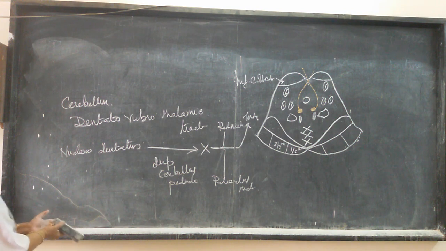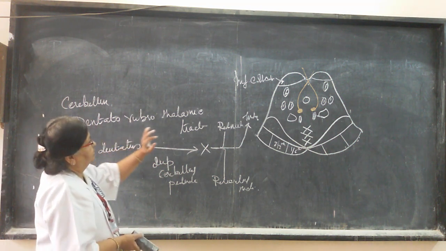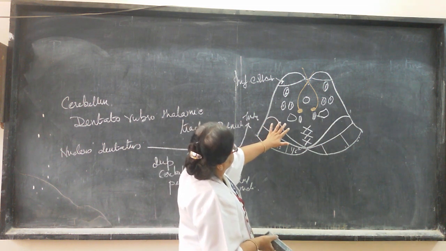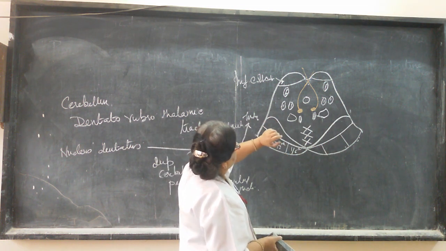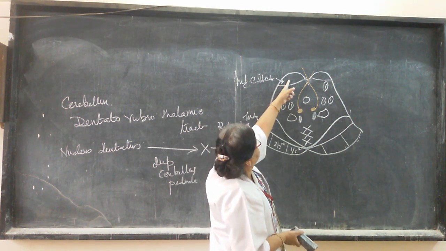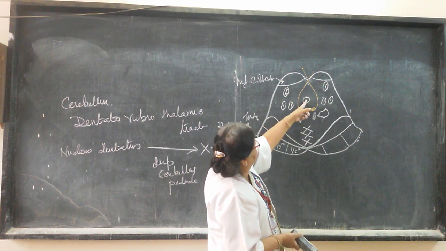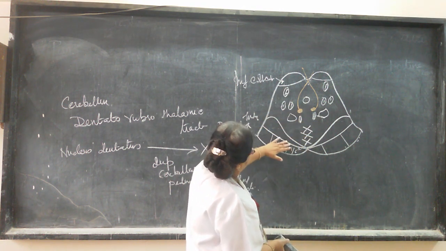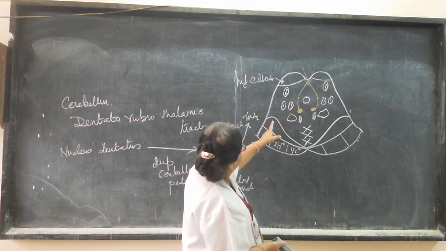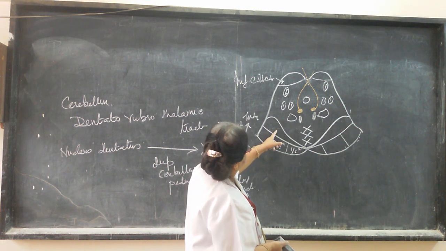Now, the midbrain at the level of inferior colliculus, we can see these structures. The dorsal elevation is the inferior colliculus. This is the cavity, the cerebral aqueduct, and ventrally the crus cerebri and substantia nigra.